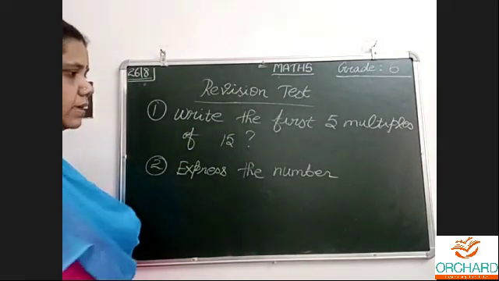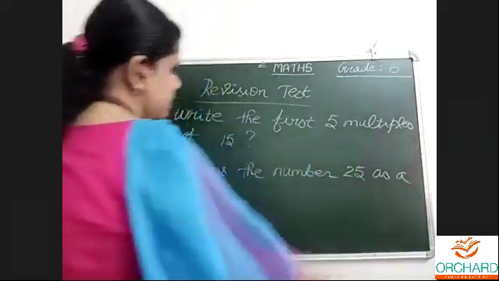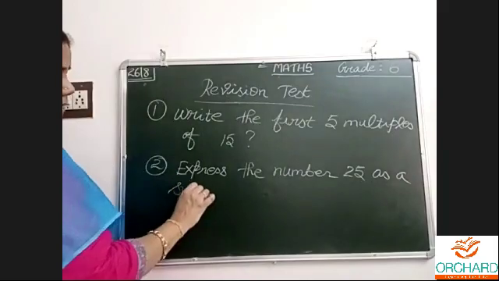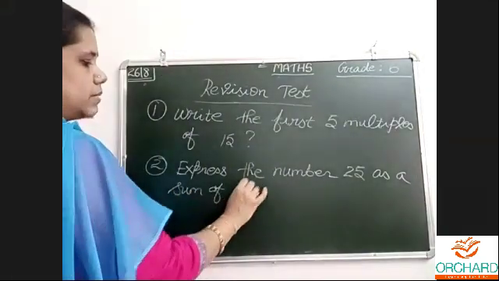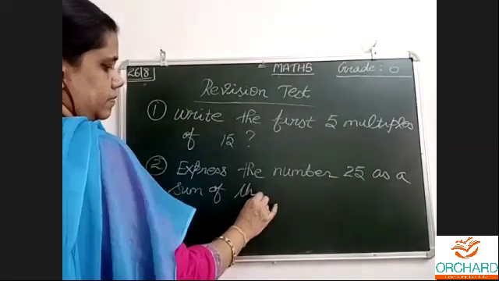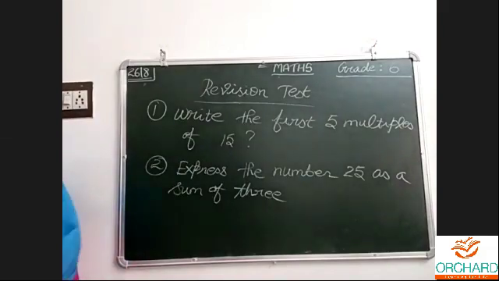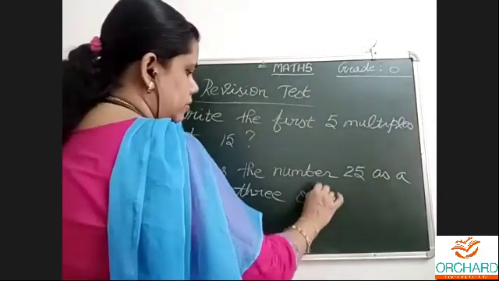Express the number 25 as a sum of 3 odd primes.